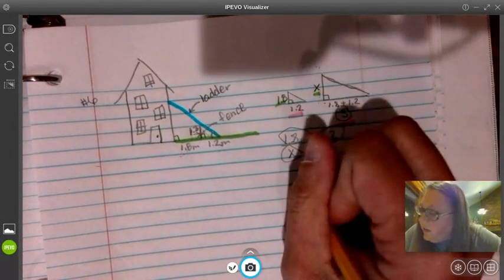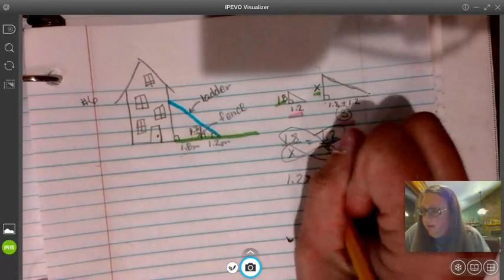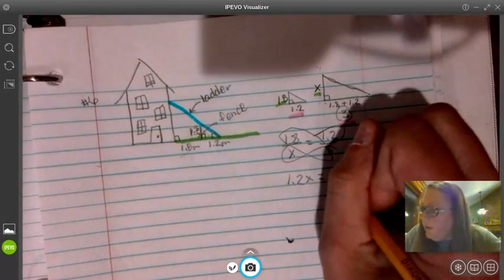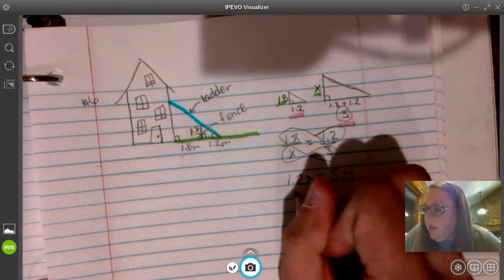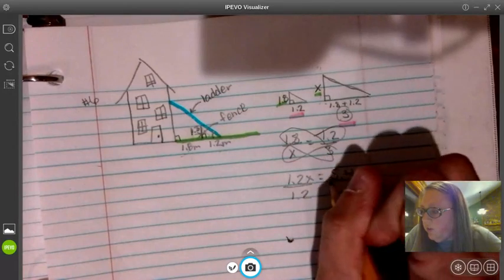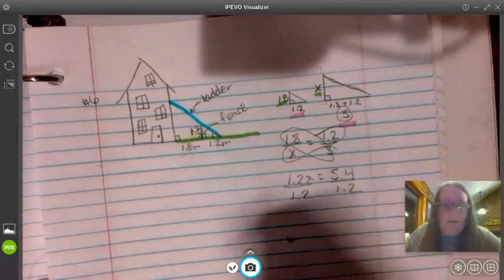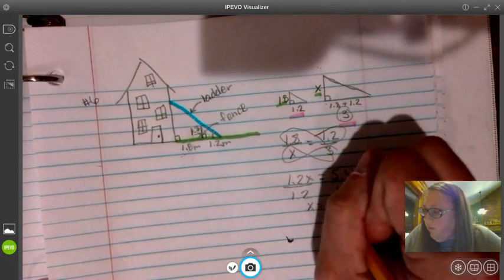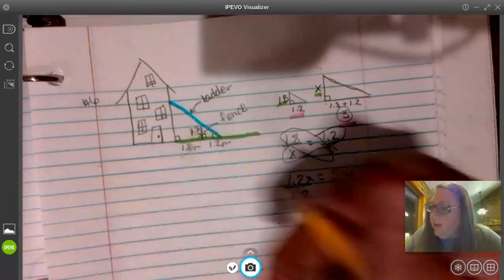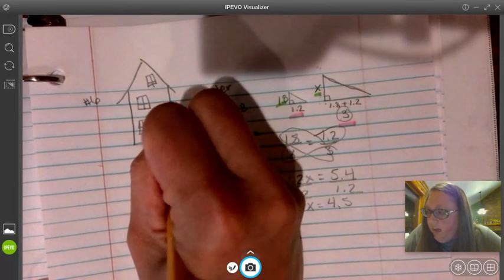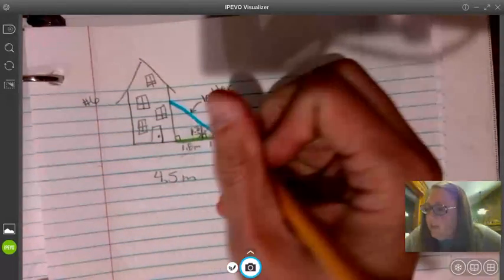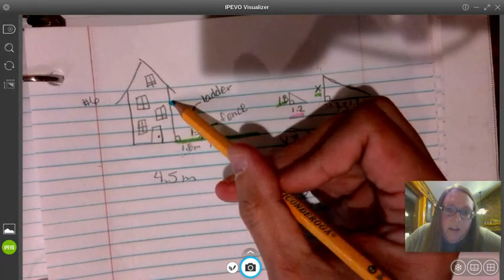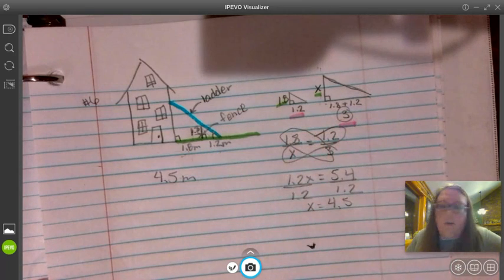So I'm going to have 1.2x is going to equal, and 1.8 times 3 is going to give me 5.4. I'm going to divide both sides by 1.2. Okay, and I have that x will equal 4.5. Now that means that this is going to be 4.5 meters. That means from the ground to where the ladder rests on the building is 4.5 meters.